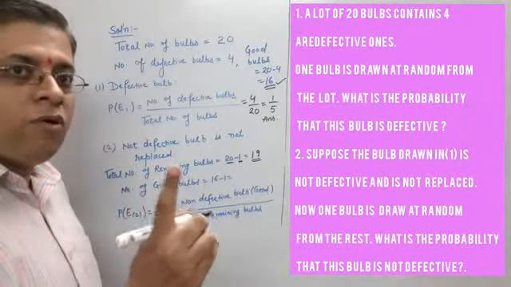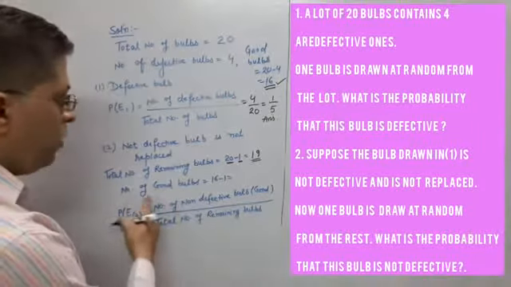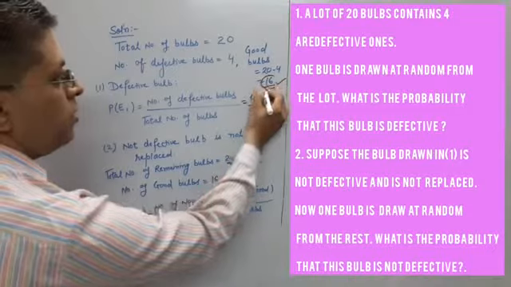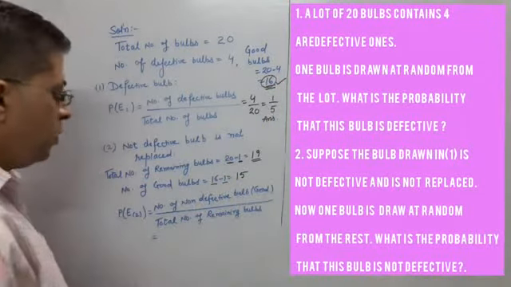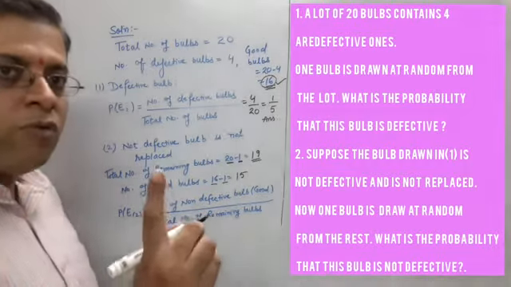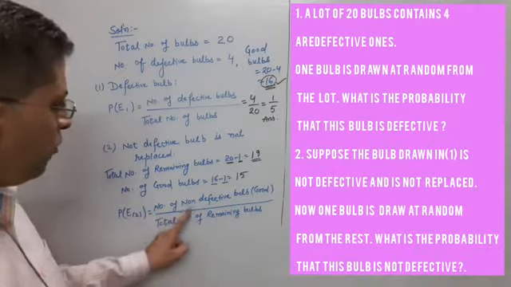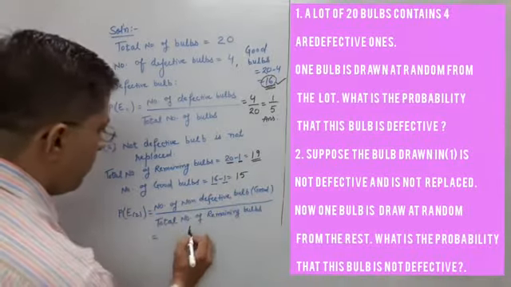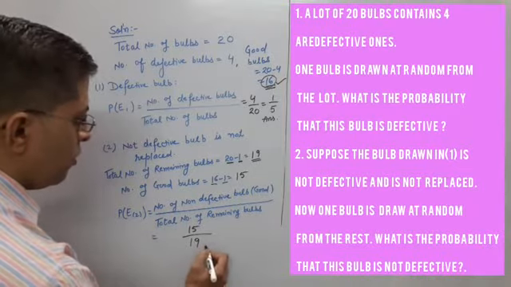And that bulb was not defective, it means that bulb was a good one. So how many good bulbs? Total good bulbs were 16. 16 minus 1 is 15. And you have to find the probability of good bulbs, it means non-defective bulb. So number of non-defective bulbs is 15 and total number of remaining bulbs is 19.